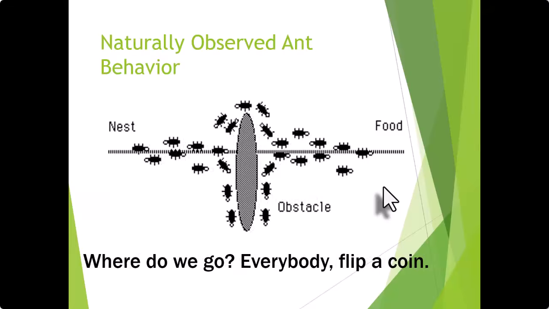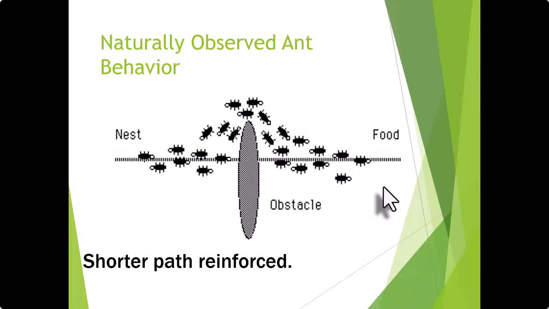Then after some period of time, most of them travel from the top because it's short, and some of them travel from the bottom. But after some period of time, all of them travel from the top part of the obstacle, and then they select the shortest path very, very heuristically.